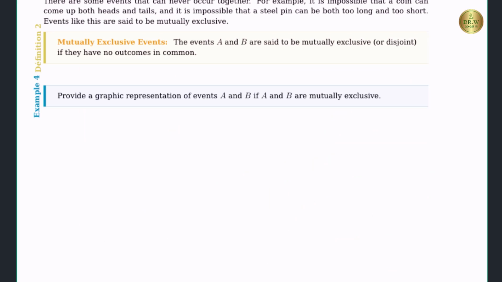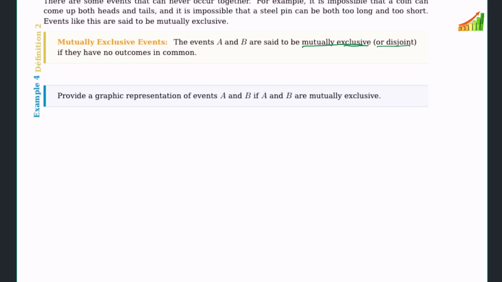Now let me explain how to draw a Venn diagram for disjoint events. In chapter 12, I explained disjoint or mutually exclusive. What is the meaning of disjoint or mutually exclusive? If there are no common elements, then they are mutually exclusive or disjoint.